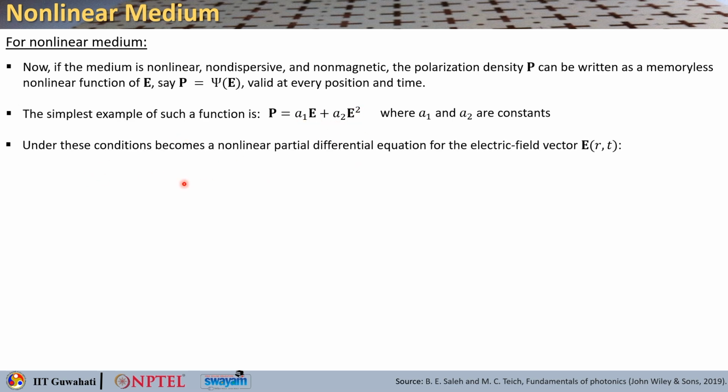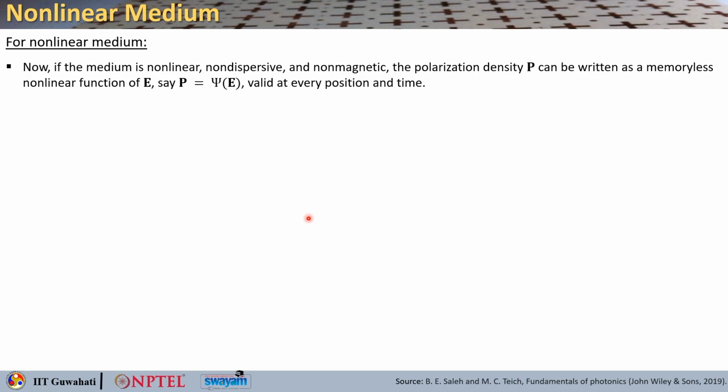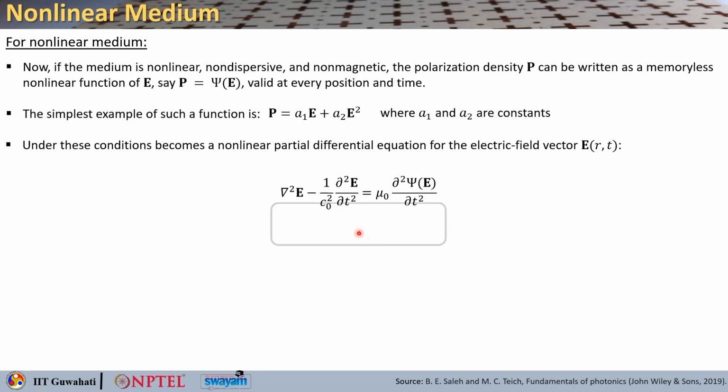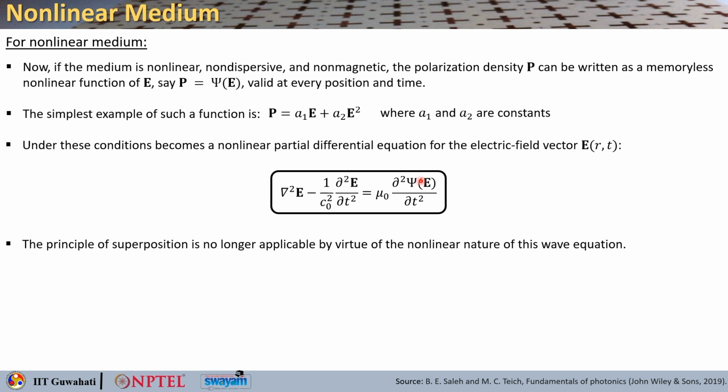Under this kind of condition, you get a nonlinear partial differential equation for the electric field vector E. If you just refer to the previous generalized case, there you put this, and this is how it looks like. P is now psi of E, and this dependency can be anything, so that you put here.